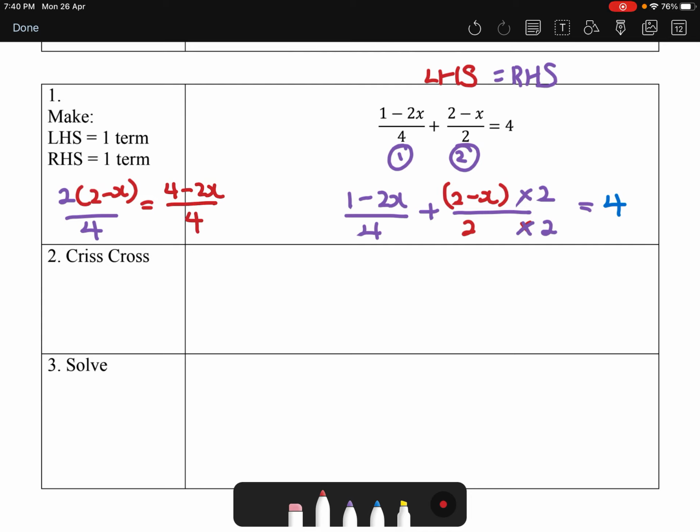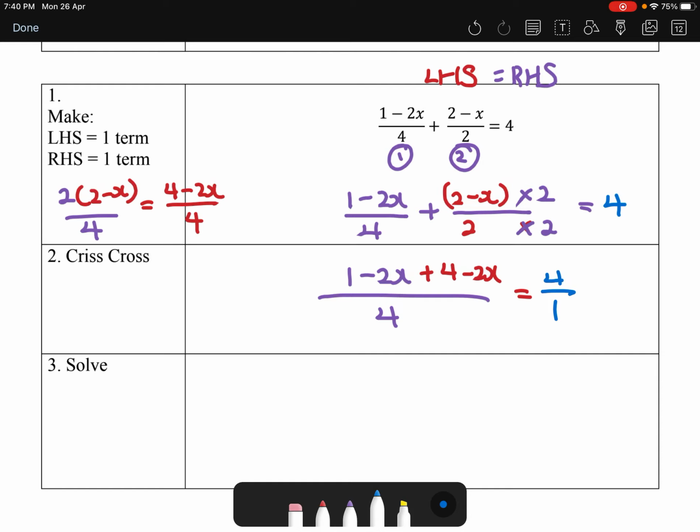So now this is my simplified formula. So I just put them together, first and second term, over 4: 1 minus 2x plus 4 minus 2x is equal to 4. It's understood there is a 1 here, 4 over 1.